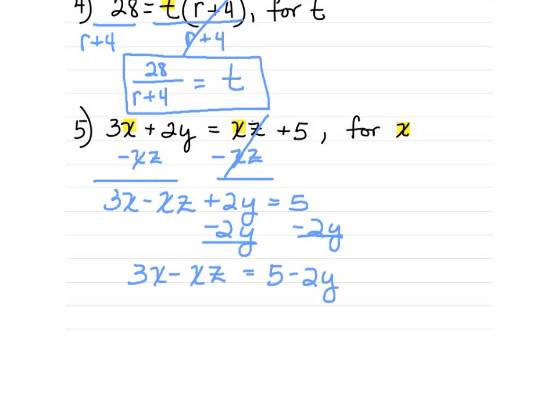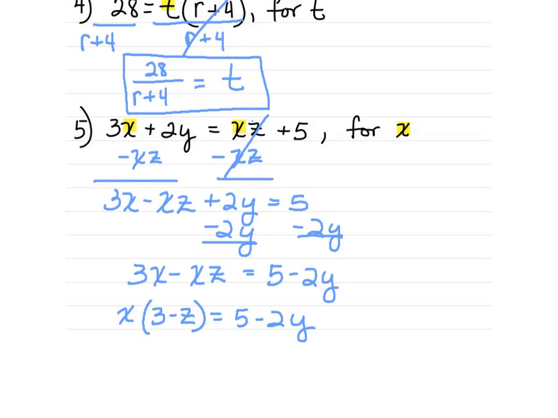Okay, now what I want to do is factor out an x. Rewrite this as follows. X times 3 minus z is equal to 5 minus 2y. It's the opposite of distributing that x.